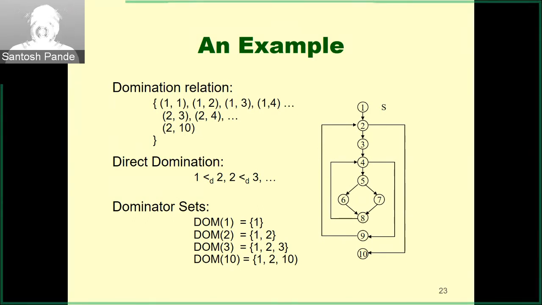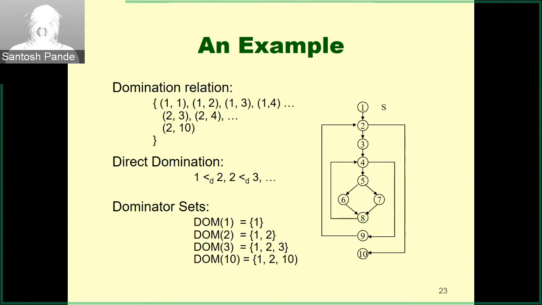And therefore, that node will never dominate me. So therefore, by taking the intersection, now I know that 8's dominators are 8 itself and the intersection of dominators of 6 and dominators of 7, which happens to be 5. And so 5 and 8 are decided as the dominators for 8.